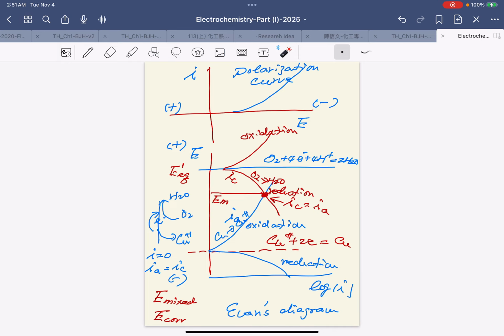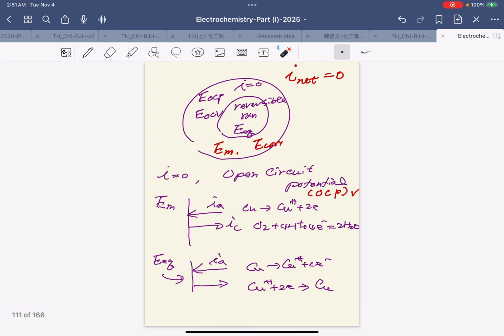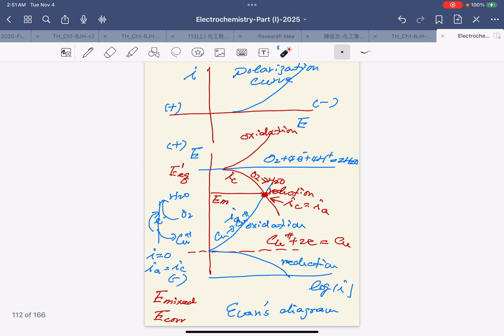So you can convert from the polarization curve, the couple, oxidation case, like this case. One is oxidation, one is reduction. So we can draw this diagram.